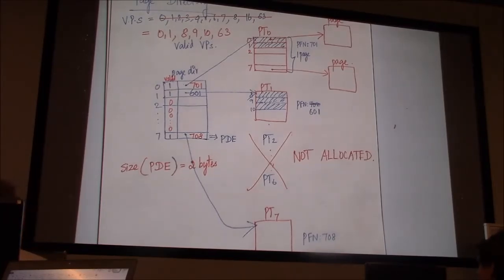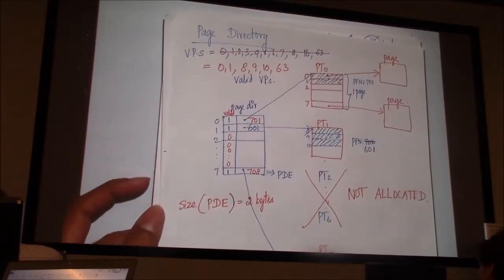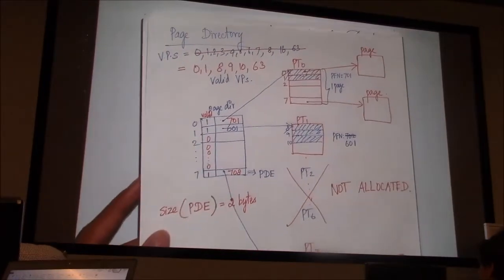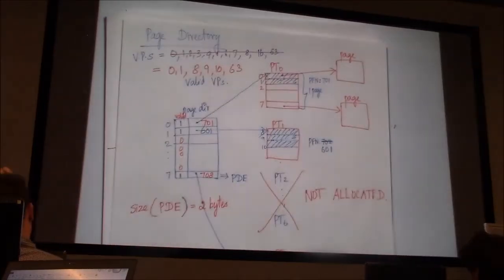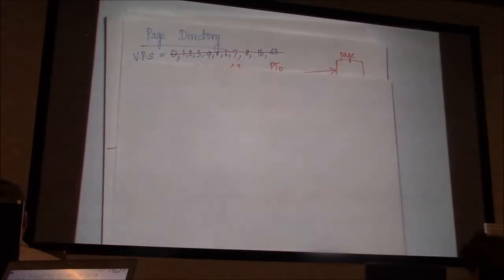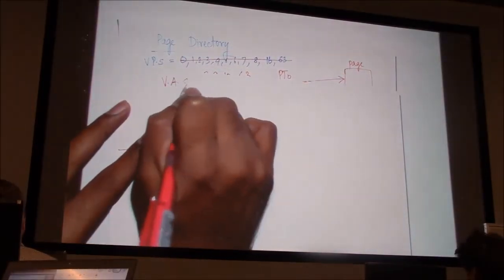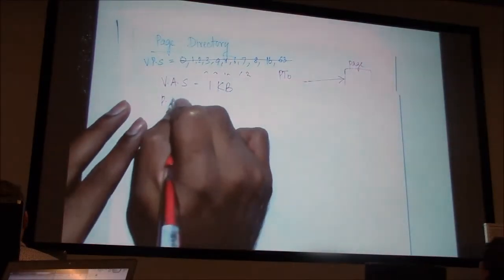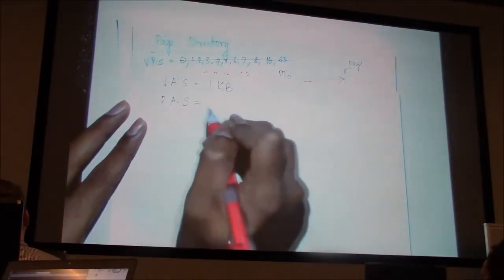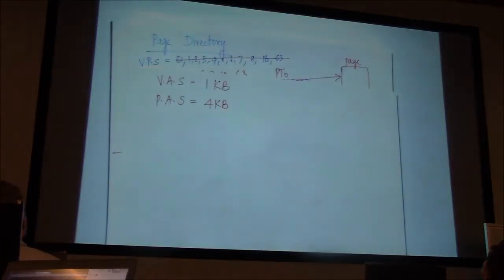We were discussing higher levels of page tables, so we'll see what may be the motivation for a 3-level page table. That does not require a lot of concentration. Here we were considering a virtual address space of size 1 KB and a physical address space of size 4 KB. These were our assumptions.